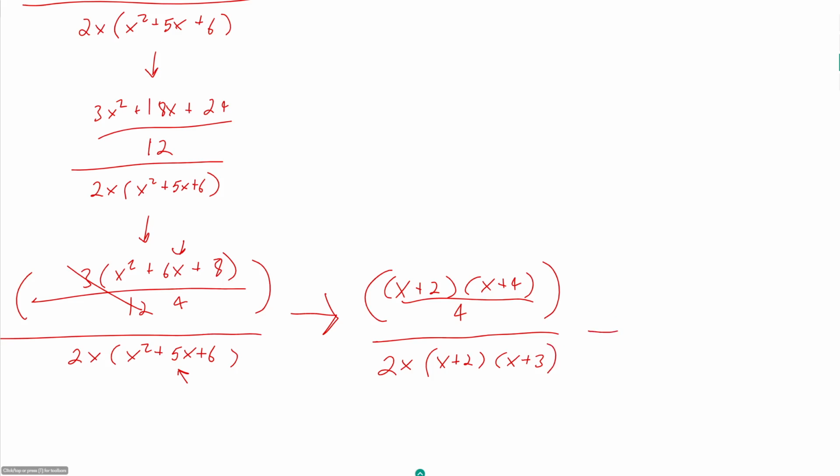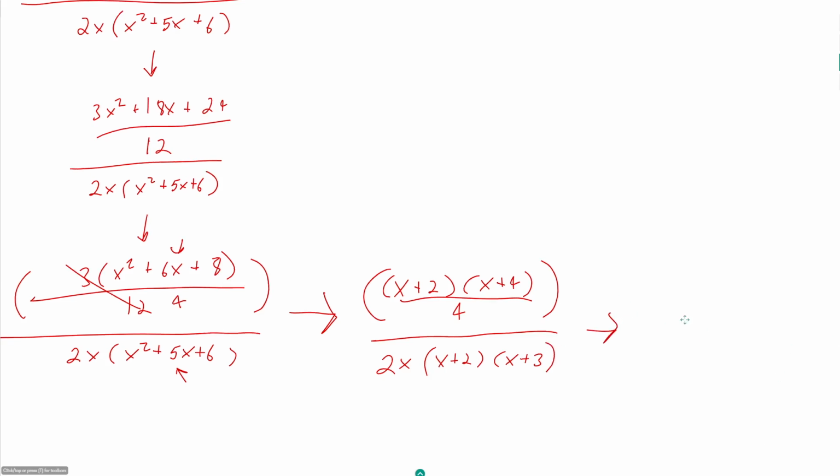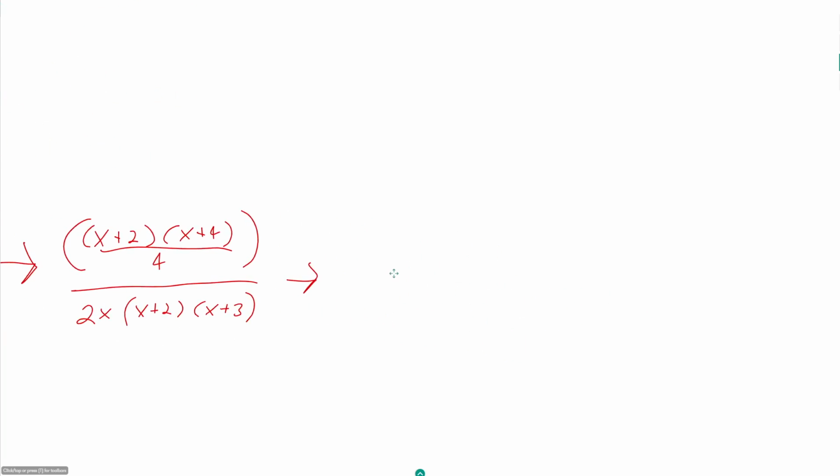And now, dividing a fraction by some expression is just the same as multiplying by the reciprocal. So this is really (x plus 2) times (x plus 4) all over 4, times the reciprocal of 2x times (x plus 2) times (x plus 3).